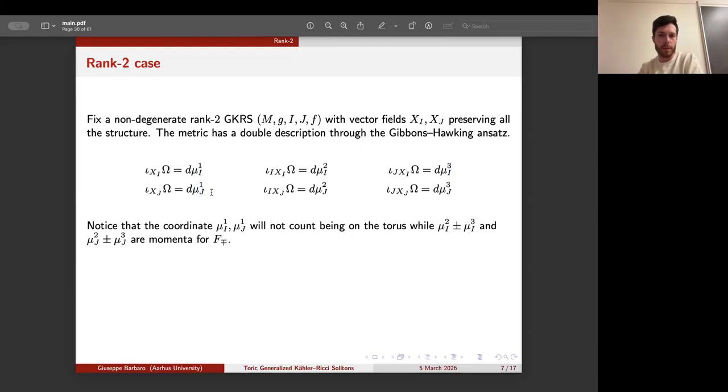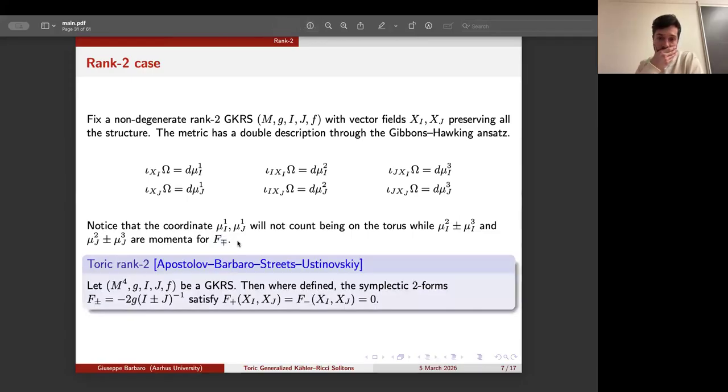This will probably be a little clearer in the next slide. So we don't consider these two. These mu2 and mu3 give moment maps for the symplectic forms that we saw before, F plus and F minus, and these are the symplectic forms that we're going to use.